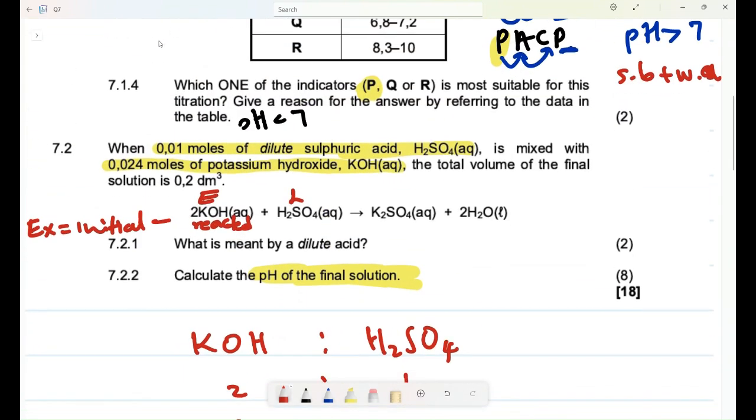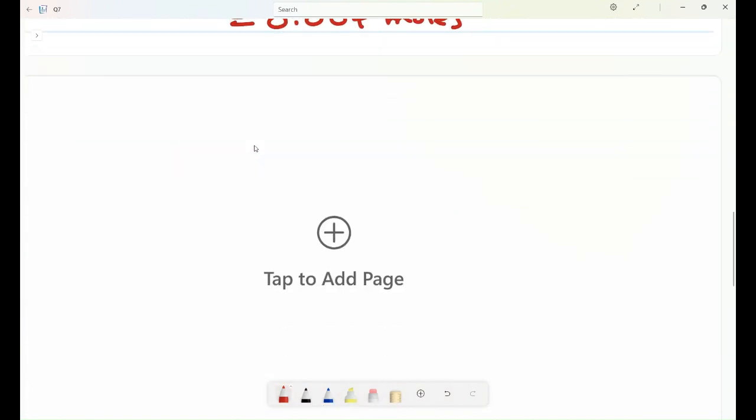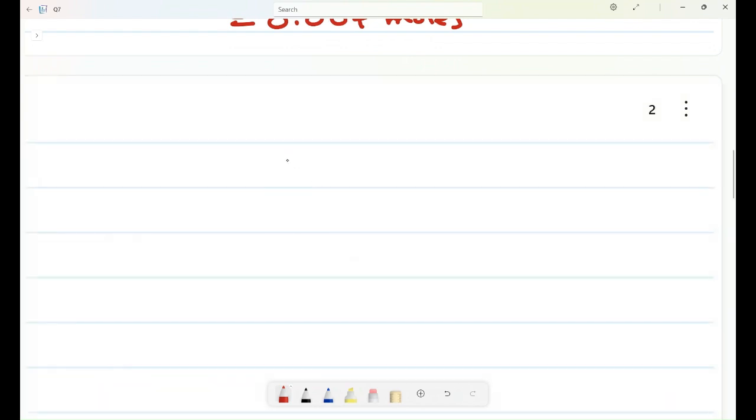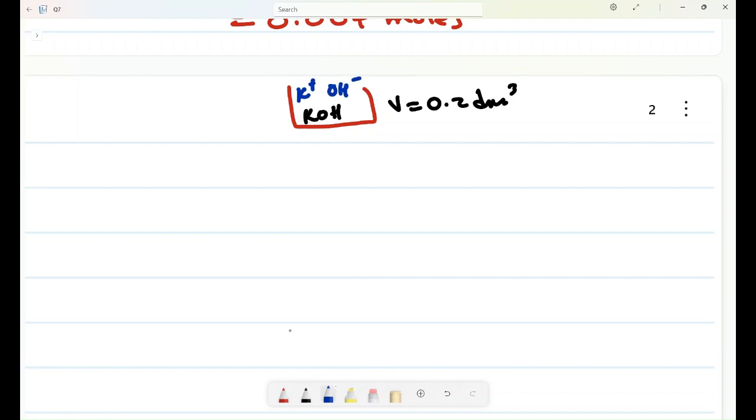But now those moles are these moles here, where we have KOH with a volume of 0.2 decimeter cube. Inside here there will be floating K plus as well as OH minus. The concentration of KOH is still the same as the concentration of OH minus, because the number of moles of KOH equals the number of moles of OH minus, in a ratio of 1 to 1.